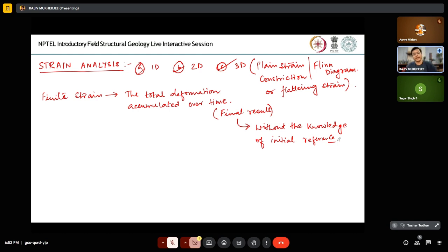And therefore, we impose some geometric assumptions.